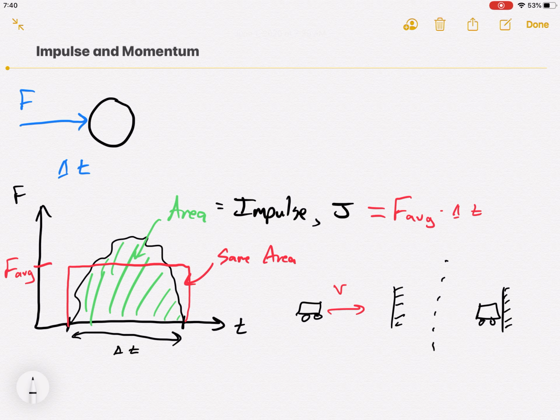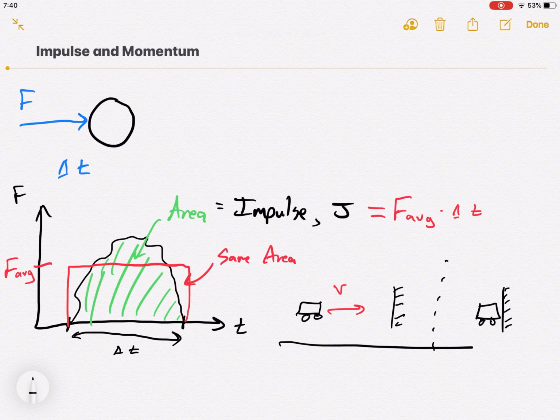So it hits the wall and it comes to rest. The average force acting on that car is related to the impulse and related to the time that it's acting. So the impulse here is a fixed thing, all right, because the car is coming to rest, and we can adjust the average force by changing the time of this interaction.